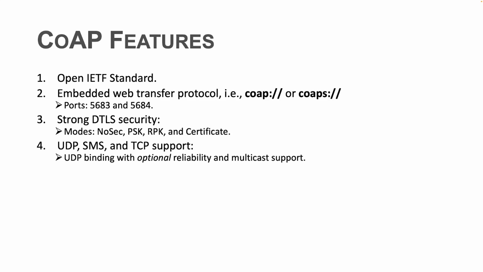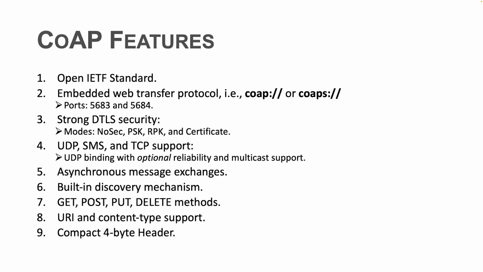The UDP binding includes its own reliability, which is based on simple binary exponential backoff. Unlike HTTP, CoAP is completely asynchronous, and thanks to the use of UDP, a subscription can be built natively. Furthermore, CoAP supports a built-in discovery mechanism.